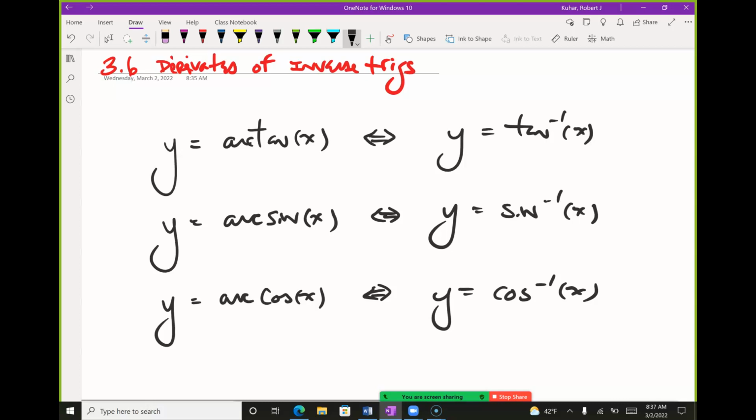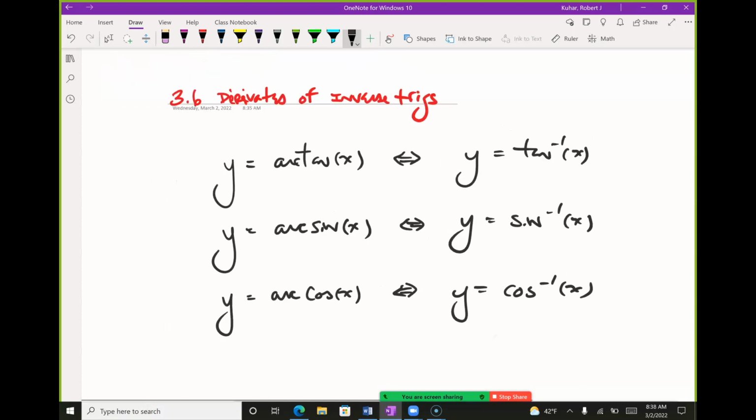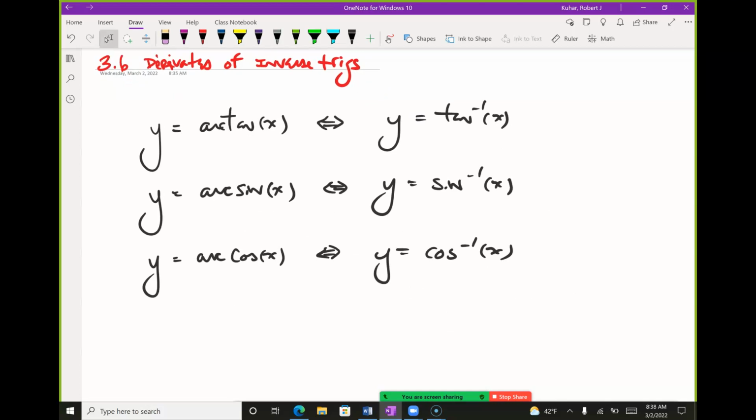So these are the inverse trigs we're going to be dealing with, and we want to find the derivative of each of them. Something that's weird that I'll do today is use a chain rule version of the function instead of just the pure function. For example, in the past, if y equals sine of x, y prime is cos of x.